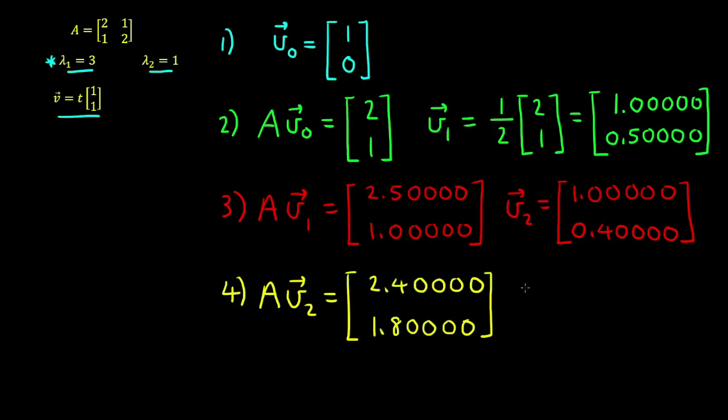And then we scale this by the maximum entry to get V3. So 2.4 on 2.4 gives 1, and 1.8 on 2.4 is 0.75.